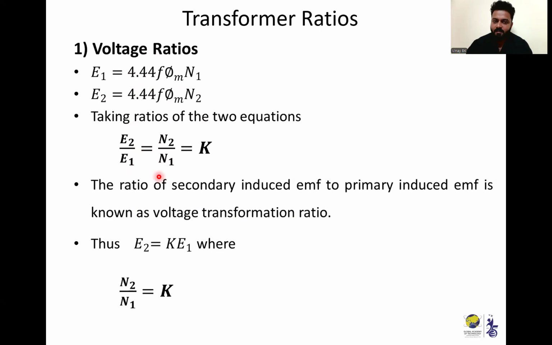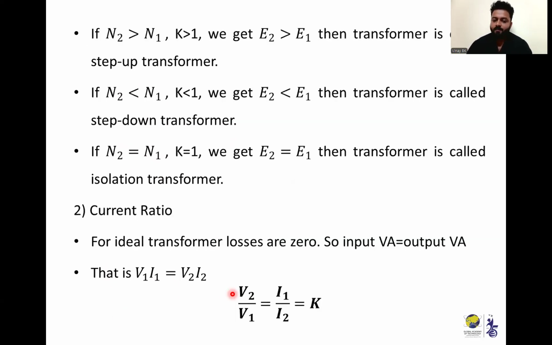We call that the turns ratio, denoted by K. The ratio of secondary induced EMF to primary induced EMF is known as the voltage transformation ratio. Therefore, E2 equals K into E1, or N2 equals K into N1. So the turns ratio N2 by N1 equals V2 by V1, which equals K, and that is equal to I1 by I2, from the current ratio.